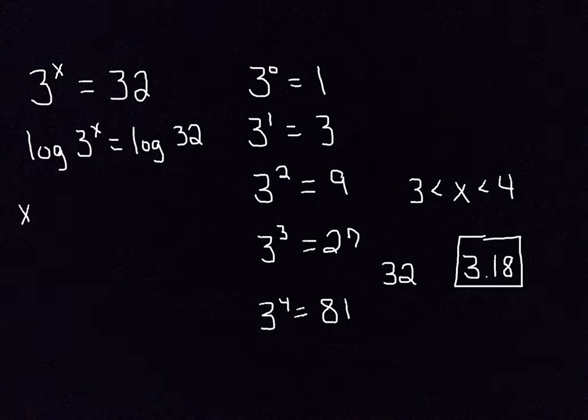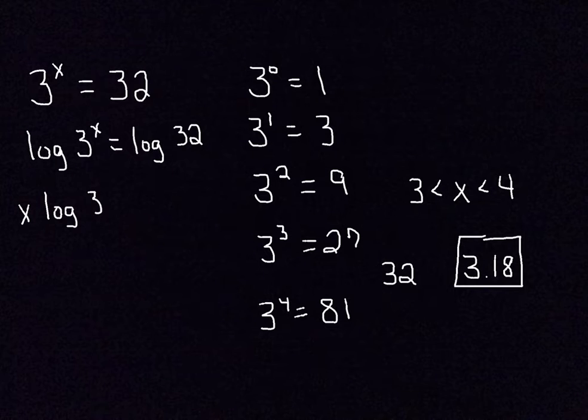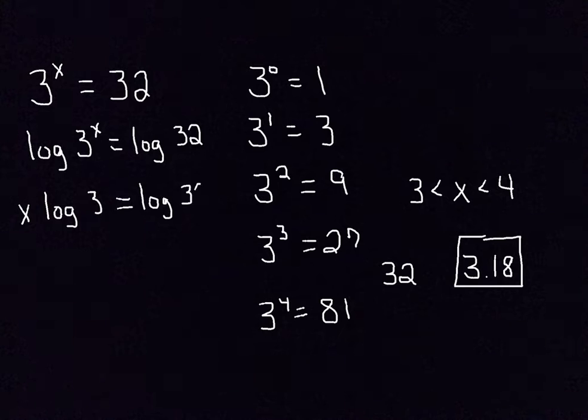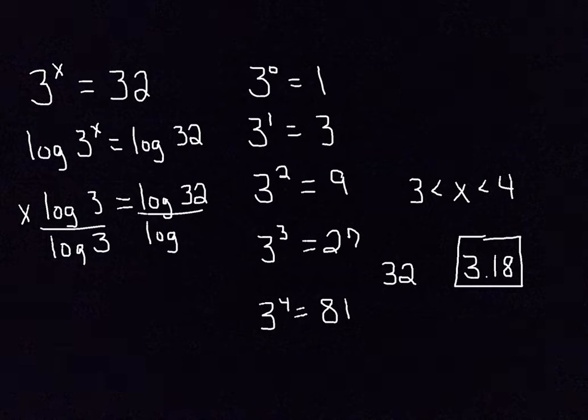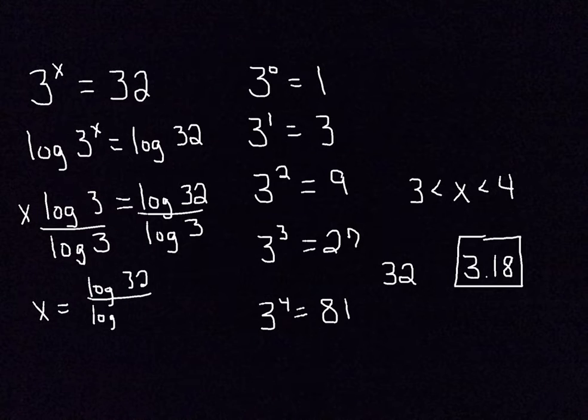Now, using your properties of logarithms, the exponent comes in front. x log of 3 is equal to the log of 32. Now, since they're both in base 10, you can go ahead and divide. And this is that change of base formula that we looked at a minute ago. So x is equal to the log of 32 over the log of 3.